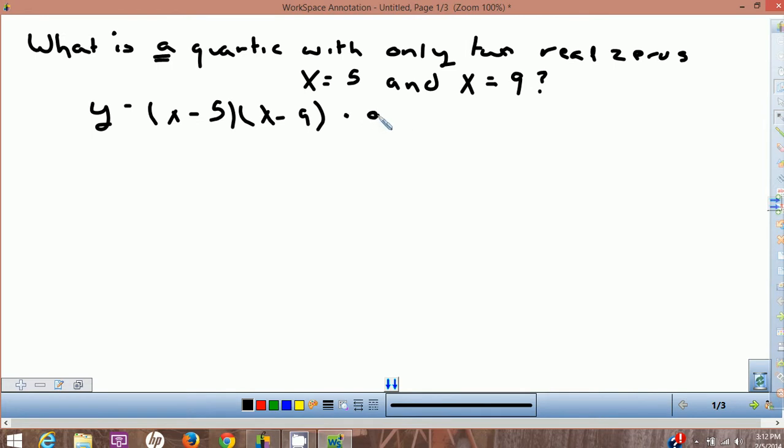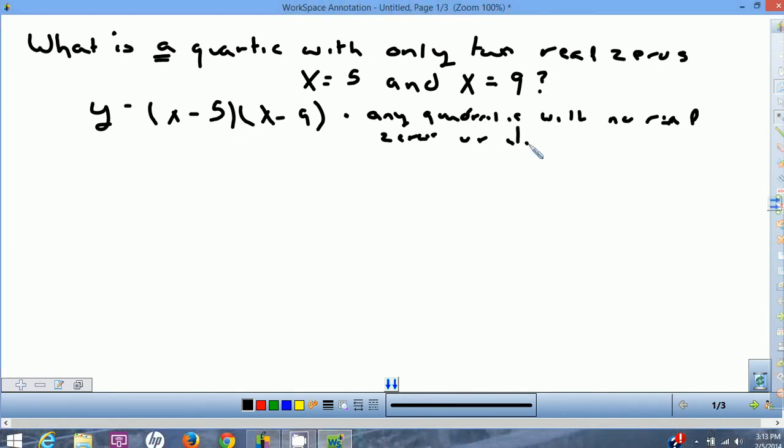Times any quadratic with no real zeros, or duplicating one that is already used. I just can't add another real zero into this problem.